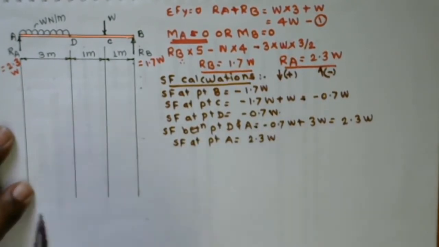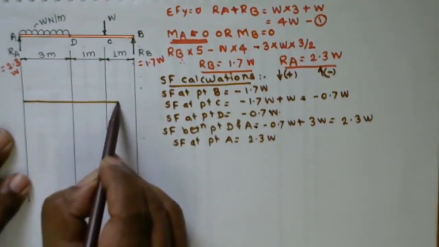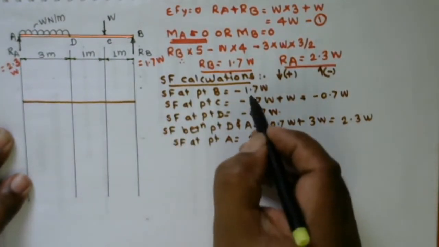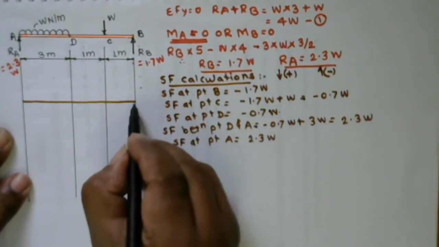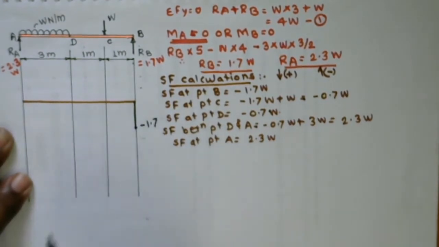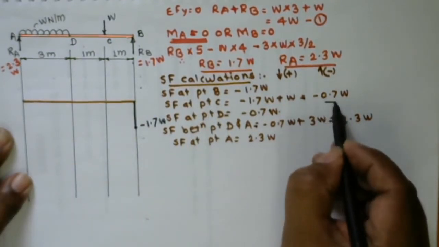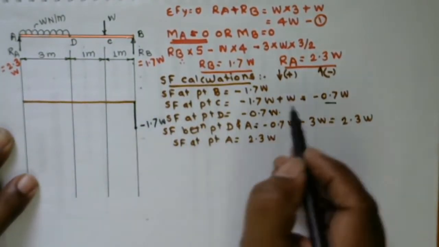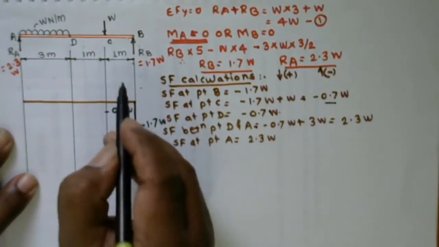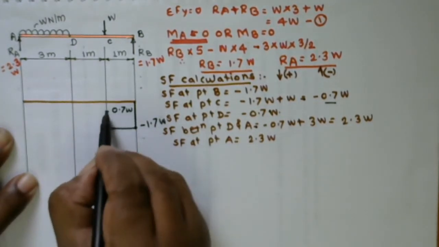Now according to this we have to plot its shear force diagram. So in that case, at point B shear force is minus, so we have to plot this point in the below side, negative side, that is 1.7 W. Between the point C, at point C, that is minus 0.7 W. Between the point B and C there is no load, so horizontal line is there.